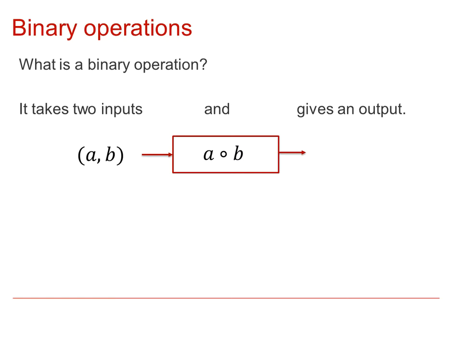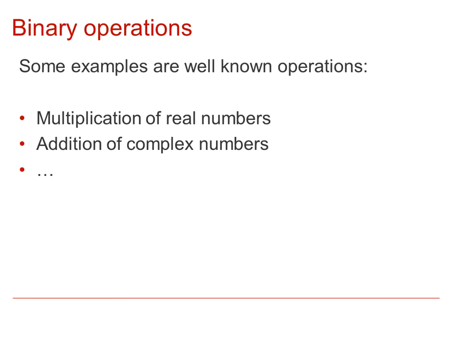So it's important there that the third element, the output from there, is in the same set as A and B. Examples of that would be multiplication of real numbers, addition of complex numbers. When you multiply two real numbers together, you get a third real number, and you also know that when you add two complex numbers together, you get a complex number.